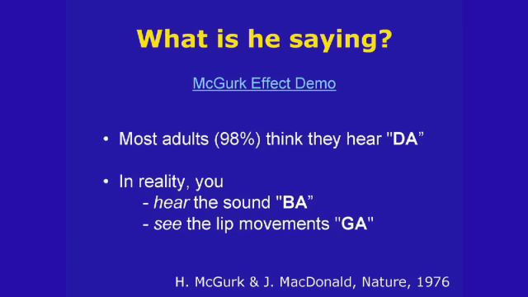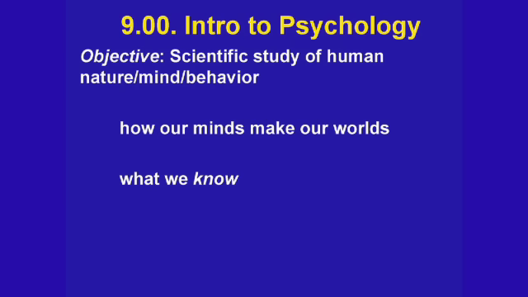You're not thinking about it, and you come up with a different interpretation of what you hear. So what you see is one thing, what you hear is another thing. When your eyes are open and your ears are open, they meld together and produce a third thing that's entirely different. Again, it's your mind interpreting what you hear, not your ear interpreting what you hear in a simple sense.